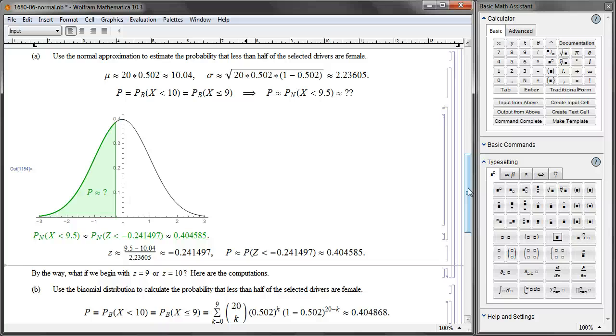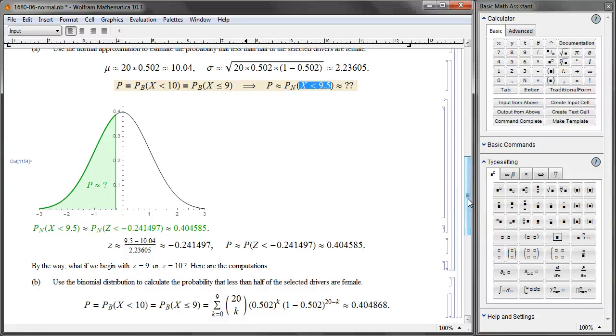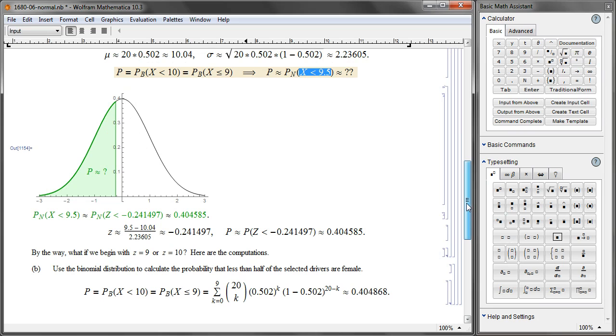Okay, one final topic. What if you miss this 9.5, where in terms of binomial, less than or equal to 9 versus less than 10 are the same? So for a continuous random variable, we take x equals 9.5. What if you just missed it, and then just use x is less than 9 or x is less than 10?